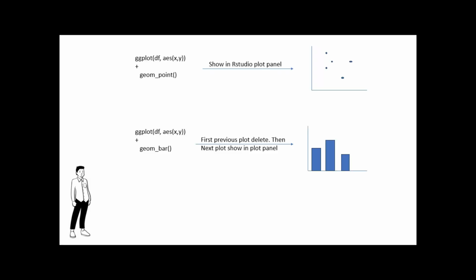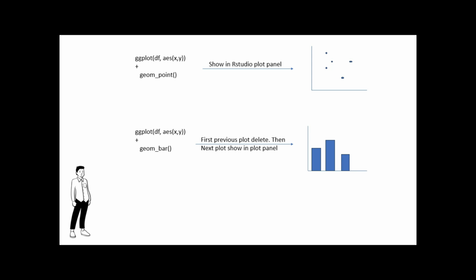Using ggplot2, whenever we create a chart, first it shows in the RStudio plot panel. Then suppose we want to create another plot, another chart, geom bar. Then it deletes the previous plot and plots the next graph in the plot panel.